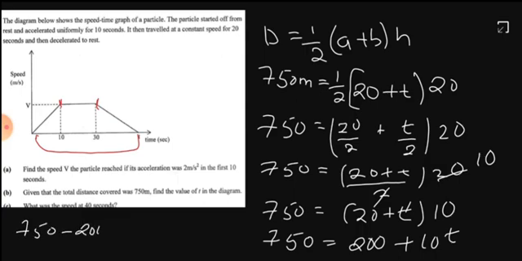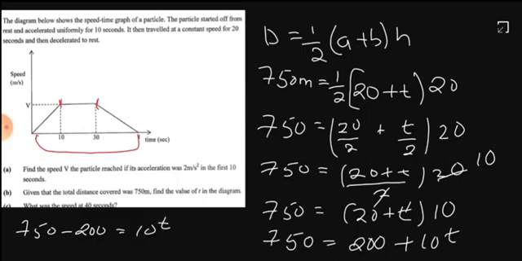So this is the same as 750 is equal to 10 times 20, that is 200, plus 10t. So it's the same as 750 minus 200, which is equal to 10t.